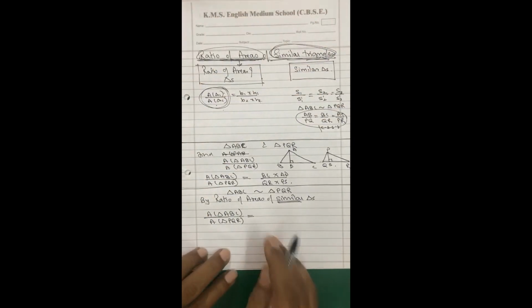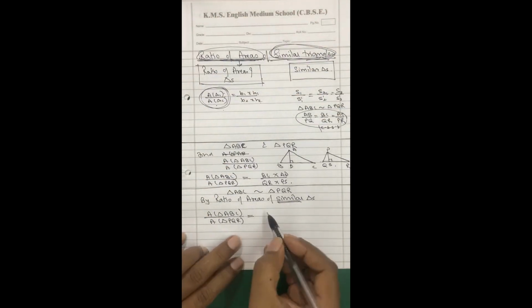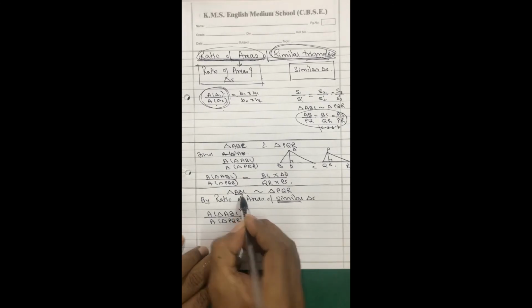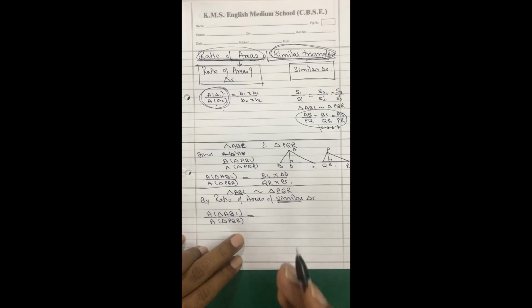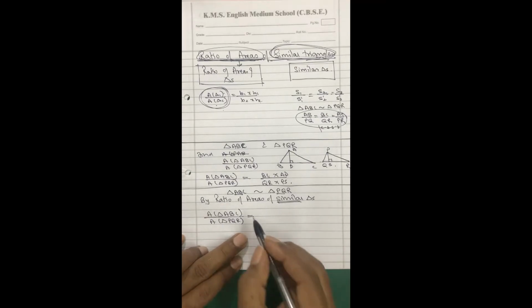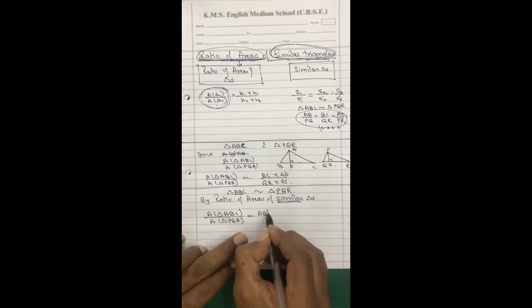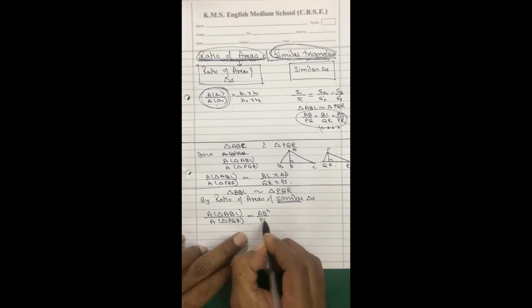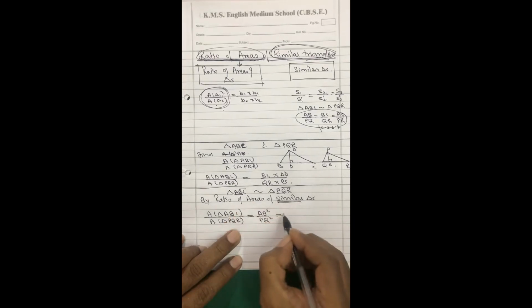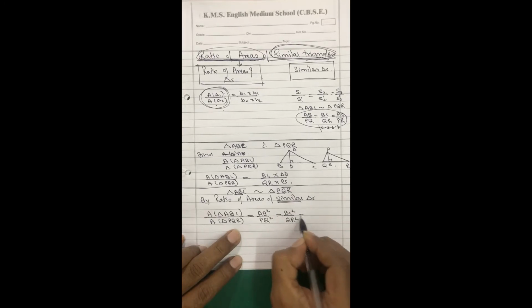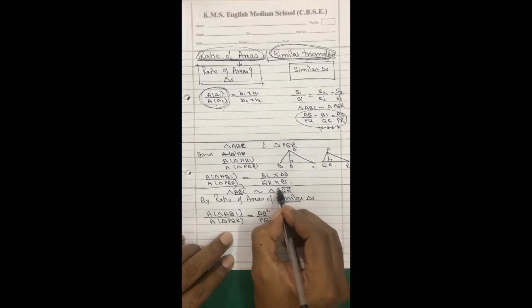But I warn you again and again, AB square upon PQ square, you will be going in the corresponding sides of similar triangles, but there will be a square: AB square upon PQ square is equal to BC square upon QR square is equal to AC square upon PR square.